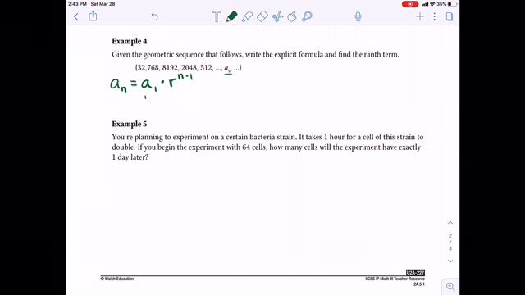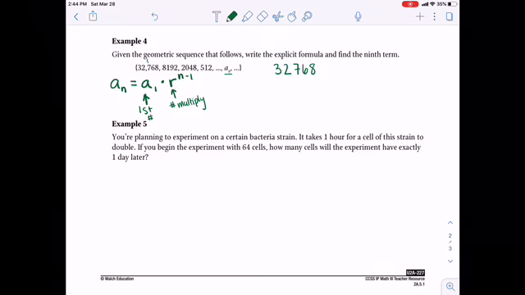In this formula, a sub 1, remember, is the first number in your series, and r is the number that you multiply by each time. So the first thing we need to do then is figure out what that r is. Now remember, to figure that out, I start with my first number, which is 32,768.